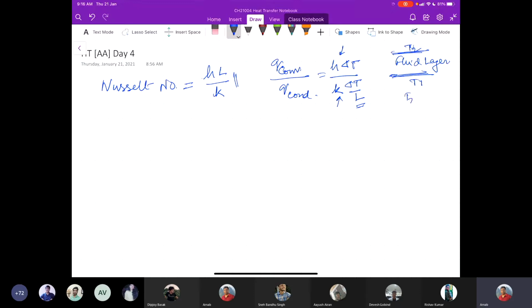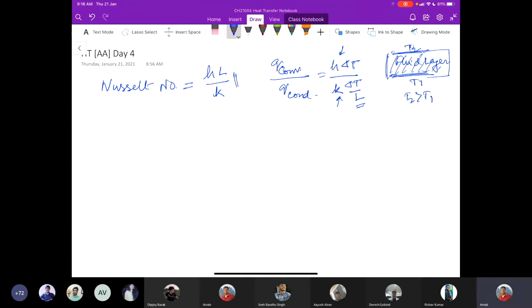If T2 is greater than T1 and there is no bulk movement of this fluid layer, so that means if you can control convection, then essentially the heat transfer is by conduction.